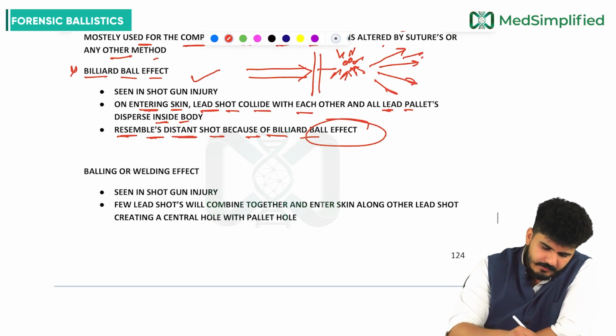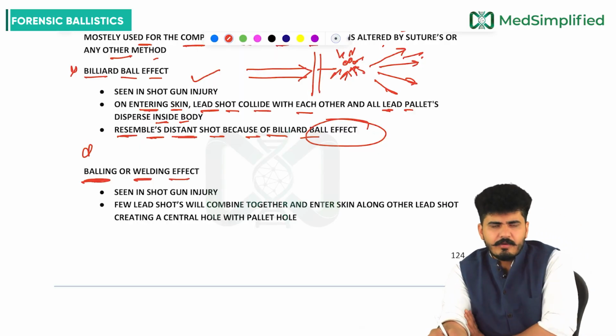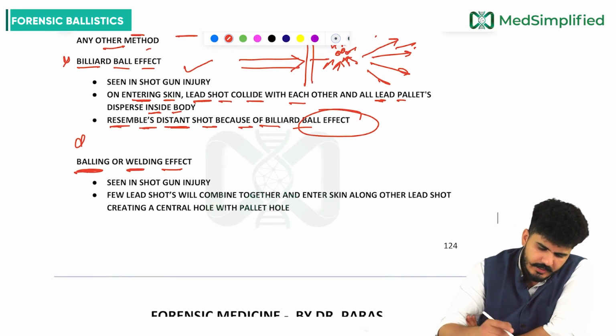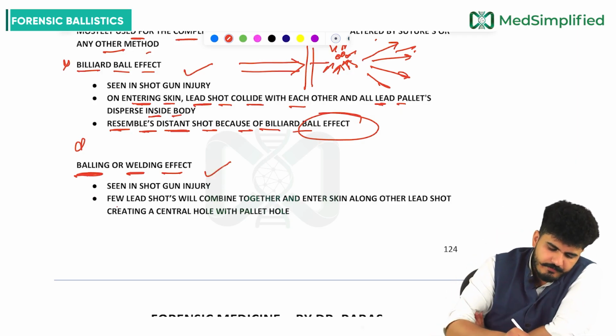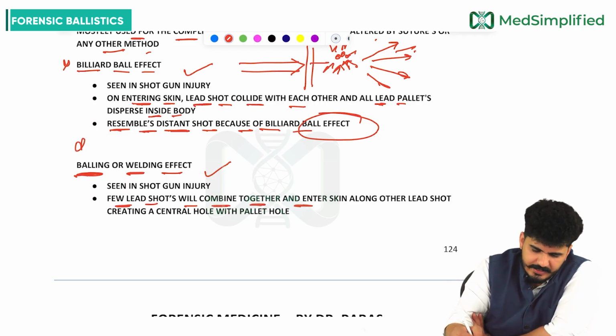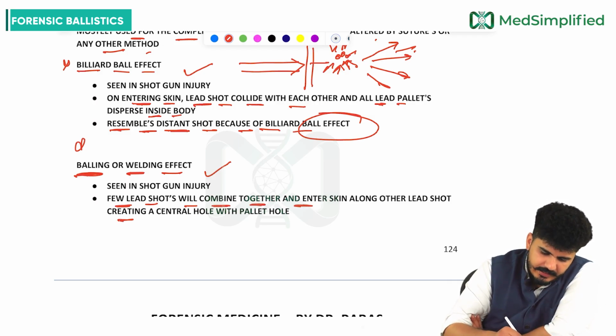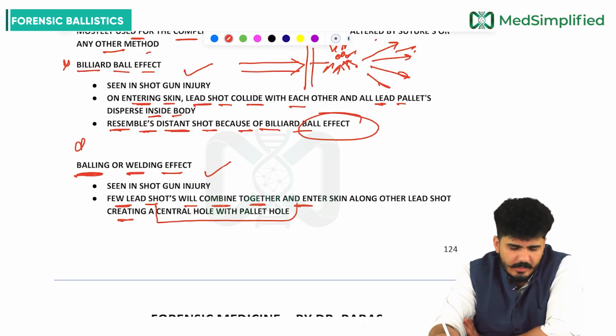Now there will be what, sir? Balling or welding effect, seen in gunshot injury. A few lead shots will combine together and enter the skin along with the other lead shots, creating a central hole with pellet holes.